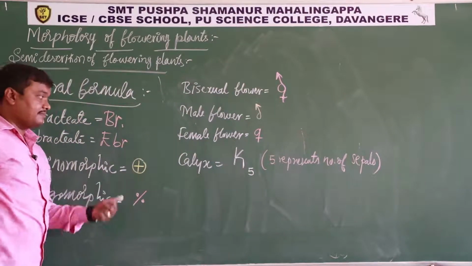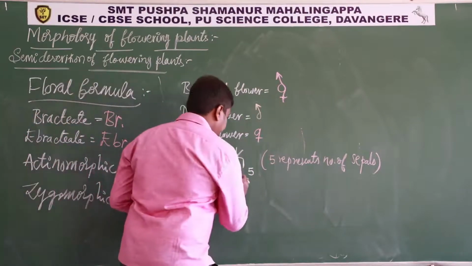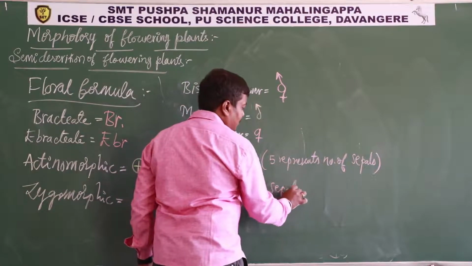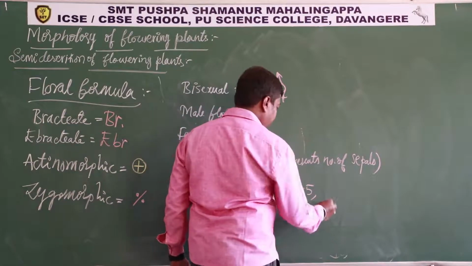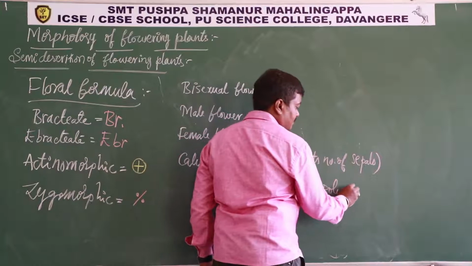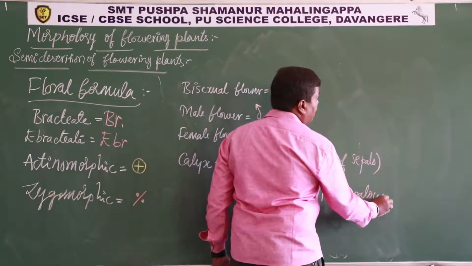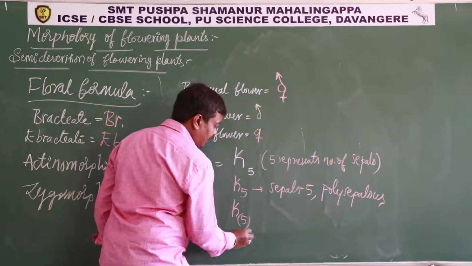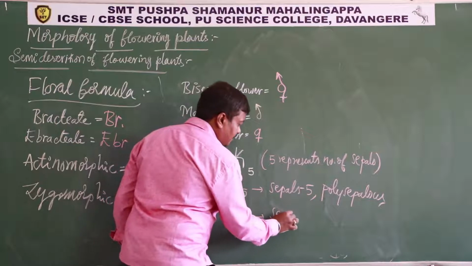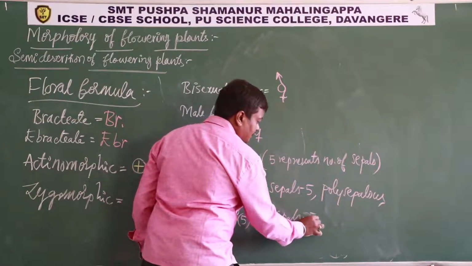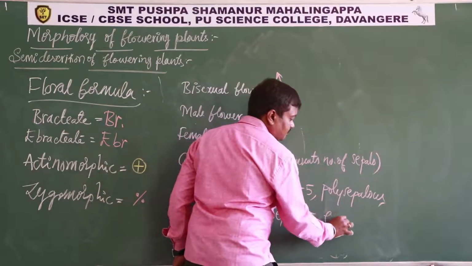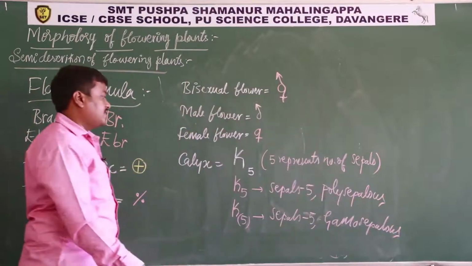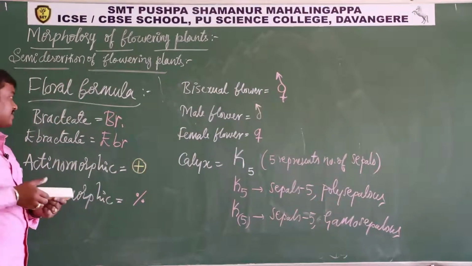So if calyx is written as K5, it indicates 5 sepals, polysepalous. Suppose if I wrote K5 within a bracket, this indicates sepals 5, gamosepalous, sepals 5 and gamosepalous.